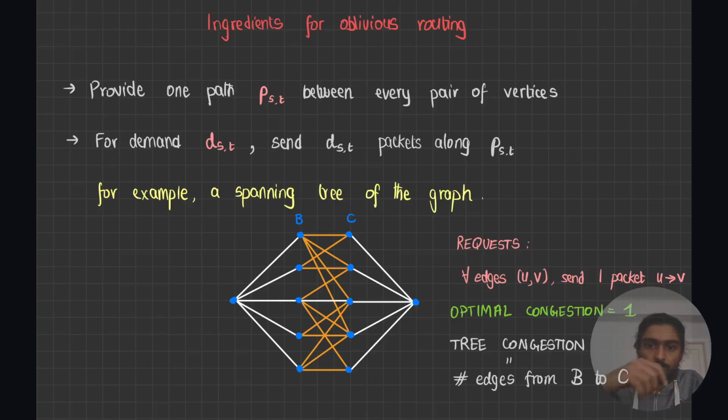So the congestion in this spanning tree is going to be as high as M, whereas the optimal congestion is 1. So this has competitive ratio M, which is not very good. Ideally, what you want is to get something polylogarithmic in M and N.